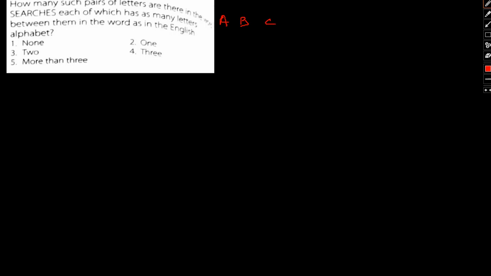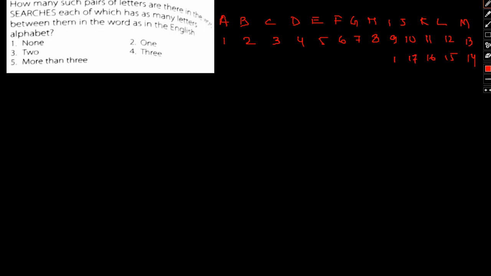A, B, C, D, E, F, G, H, I, J, K, L and M, numbered 1, 2, 3 up to 13, then 14 to 26 for N, O, P, Q, R, S, T, U, V, W, X, Y and Z. Anytime you come across any kind of question involving alphabets, make sure you draw this table.